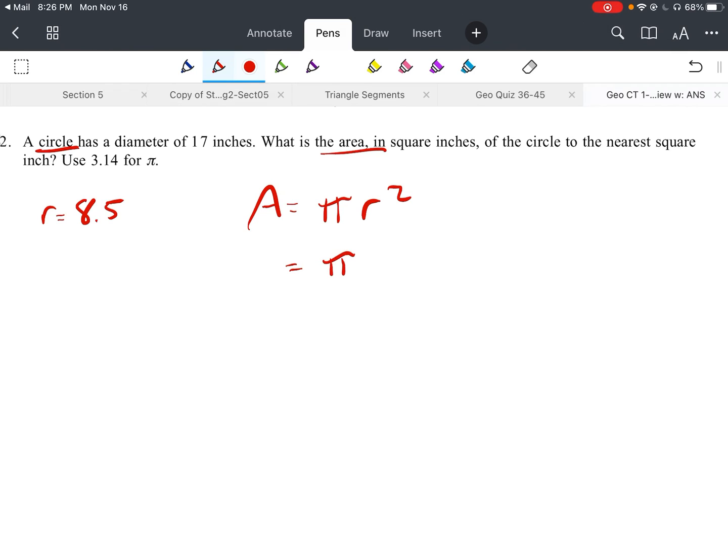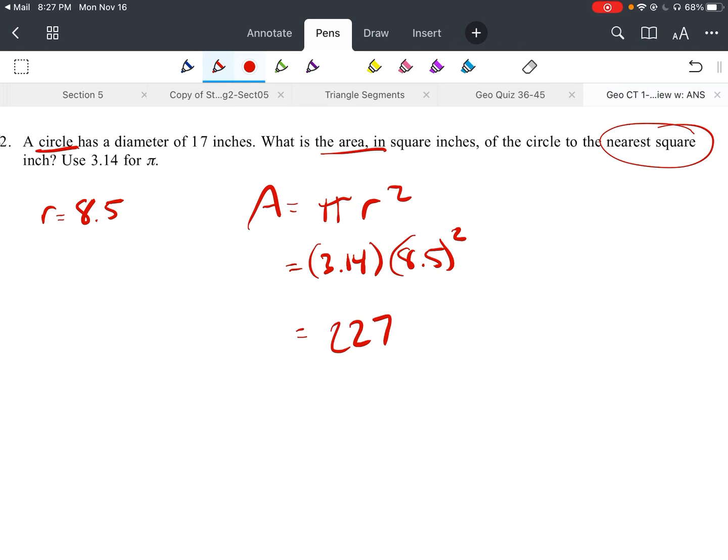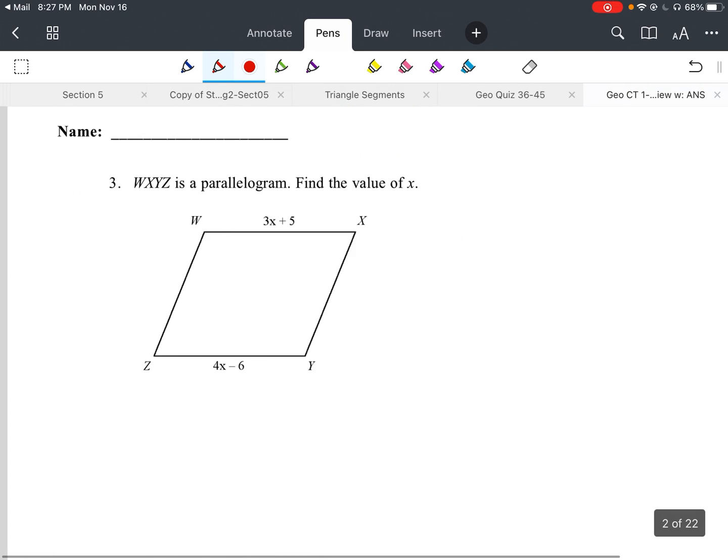So pi times, actually they want us to use 3.14 for pi, so 3.14, and then 8.5 quantity squared. And punch that out, it says to the nearest square inch, and that would be 227 square inches.